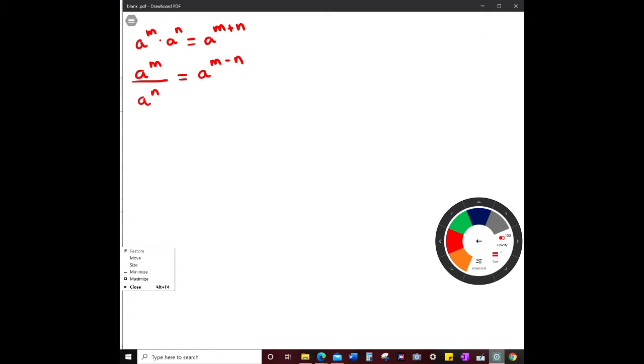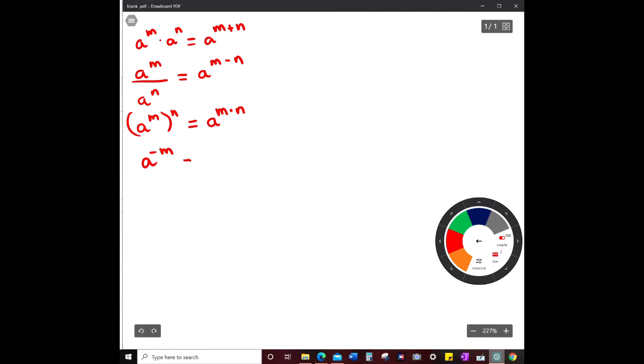Next we have a raised to the m, raised to the n equals a raised to the m times n. We also know a raised to negative m equals 1 over a raised to the m. And last one, a raised to the 0 is equal to 1. Okay, so now we can start doing some examples.